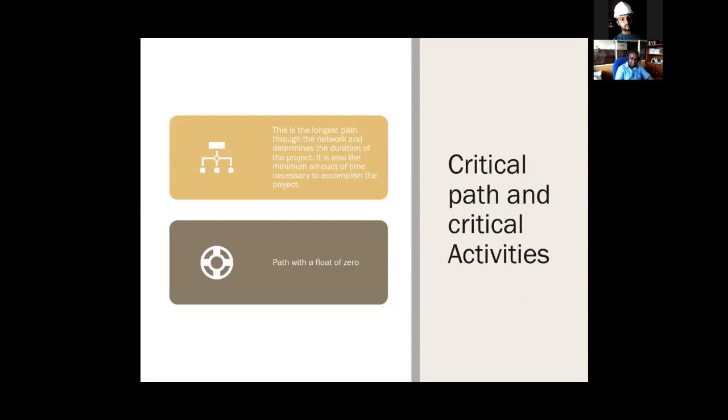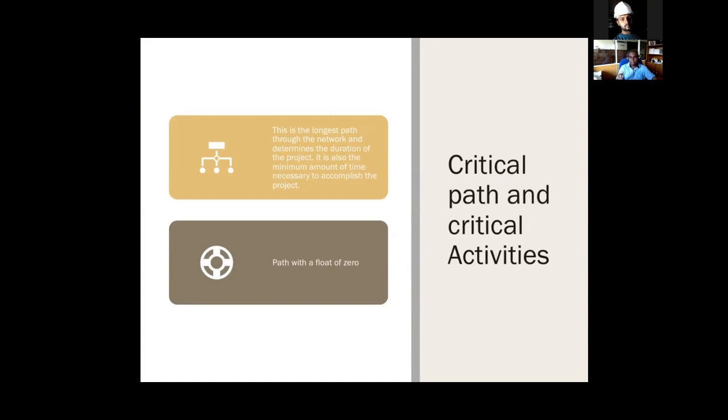Critical path and critical activities. Critical activities we have discussed. Yes, critical activities are the activities where float is 0. That activity cannot be delayed, cannot be extended, cannot be done anything.